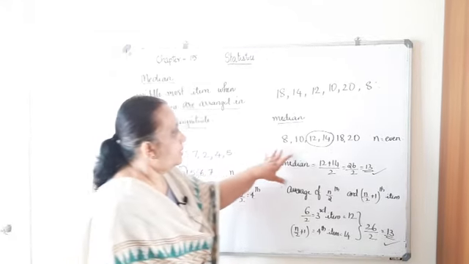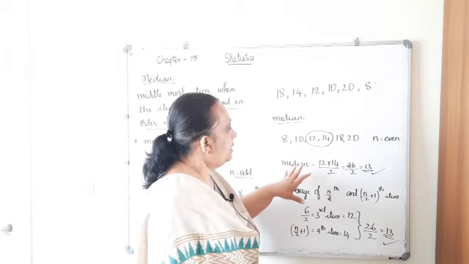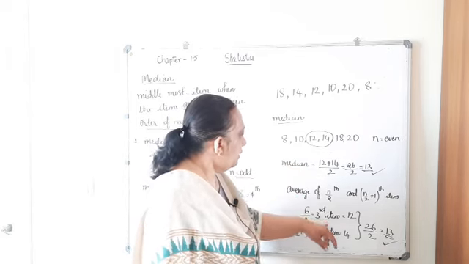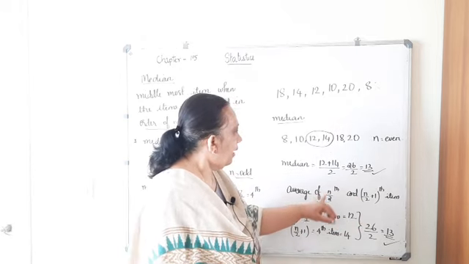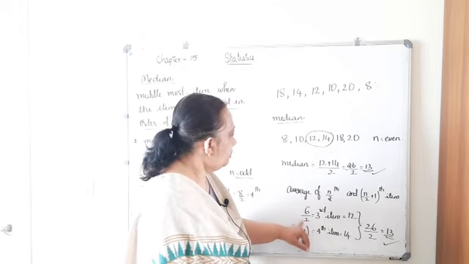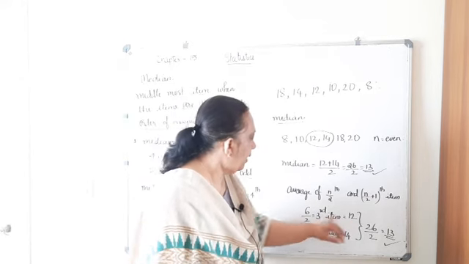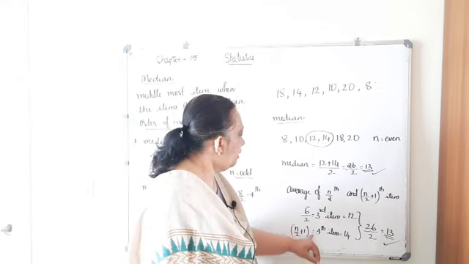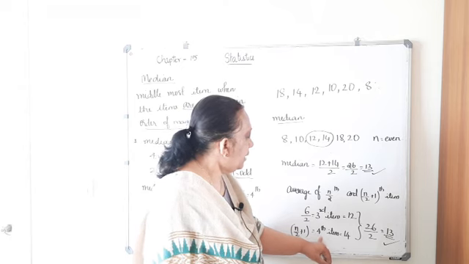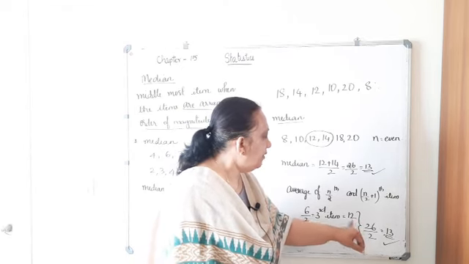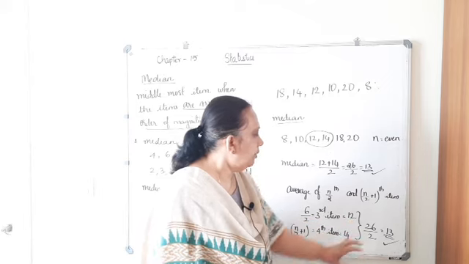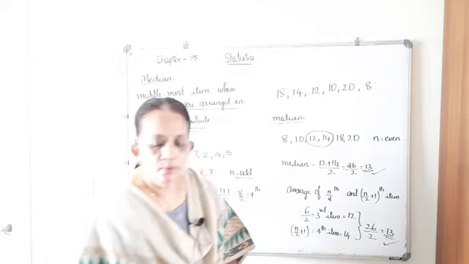When n is even, median is the average of the n by 2th and n by 2 plus 1th item. So n by 2, 6 by 2, is the third item, 12. N by 2 plus 1 is the fourth item, 14. The average is 12 plus 14, which is 26 by 2, equal to 13.